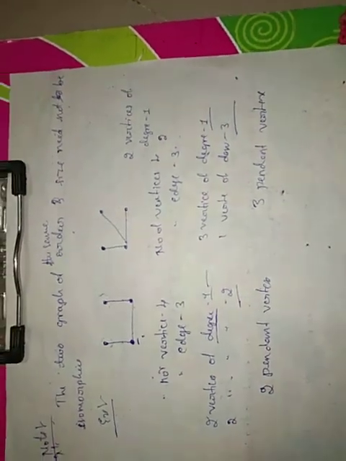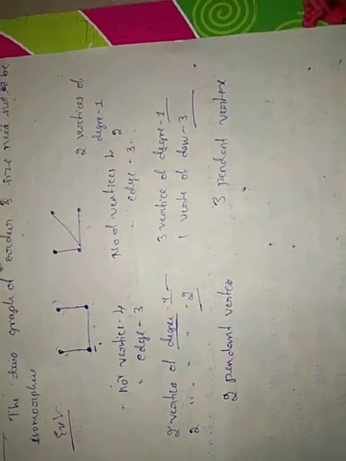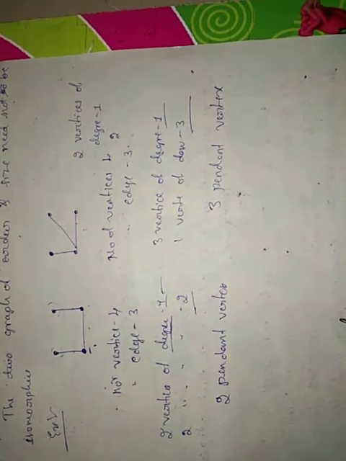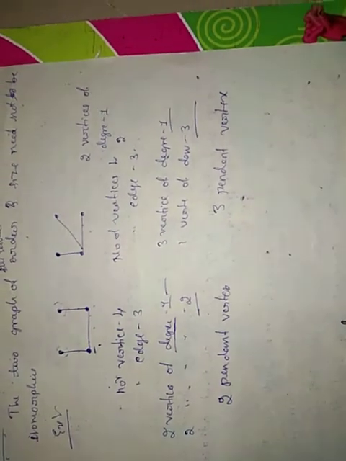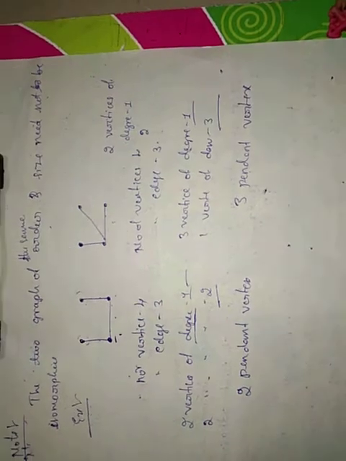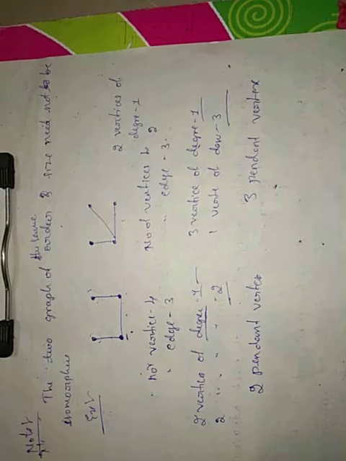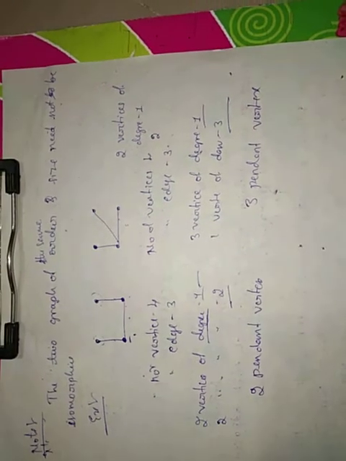So we declare that the two graphs are not isomorphic. There is no 1-1 correspondence between the vertices and edges of the graphs, and the adjacency of the vertices is not preserved here. Therefore, even if the number of vertices and number of edges are equal, we say that the two graphs are not isomorphic.